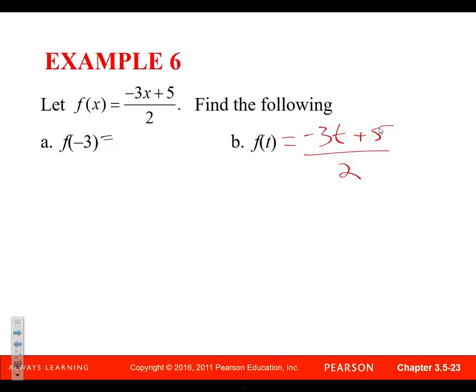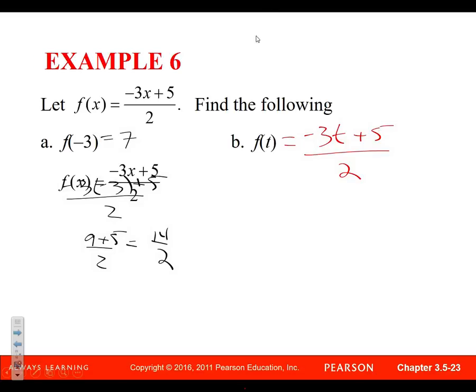I didn't see the negative. So this should have gone -3 times -3 plus 5 over 2. 9 plus 5 over 2. That's 14 over 2. So this should be 7. Okay, moving on.